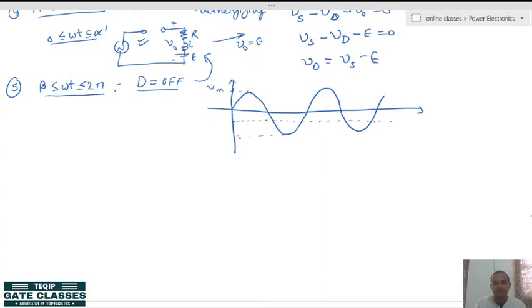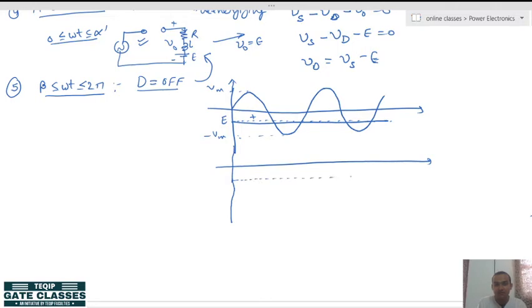If you add these two waves, the entire wave will shift downwards by E. It means first of all you have to make E here, so I am making E as a dotted portion. So E is here, and the whole sine wave is shifted downwards.